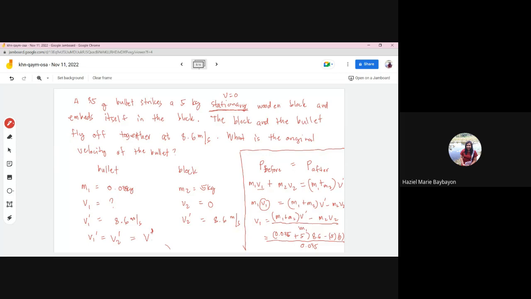Okay, shall we proceed to another problem? Wait, where is my problem, class? Let's try an elastic collision. So this is a perfectly inelastic collision wherein the two objects are coupled or they stick together after the collision.